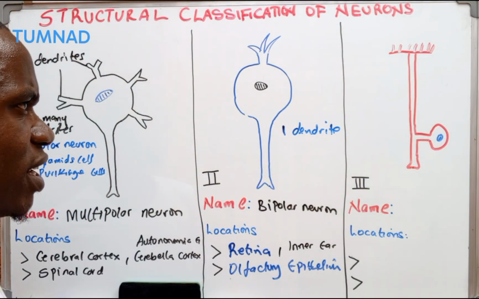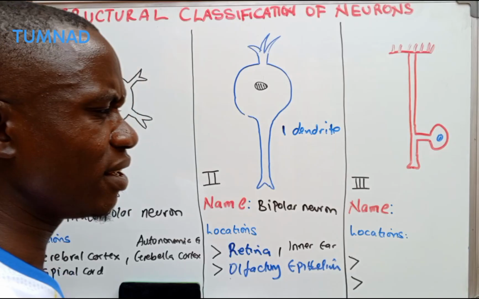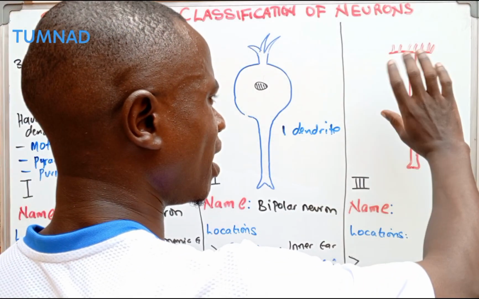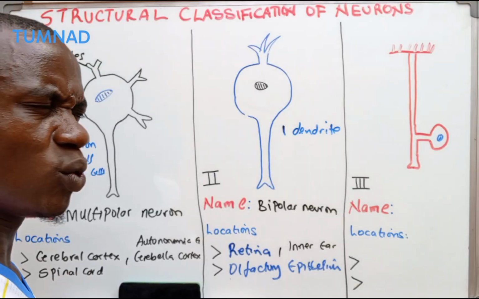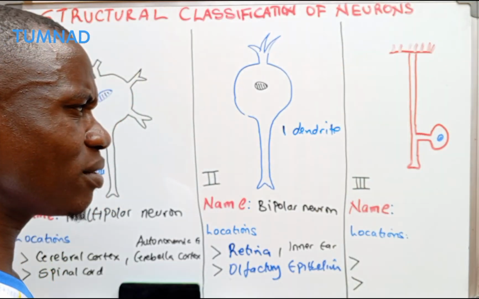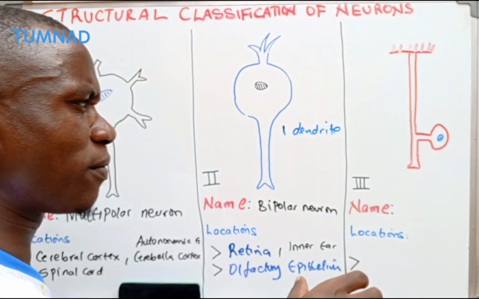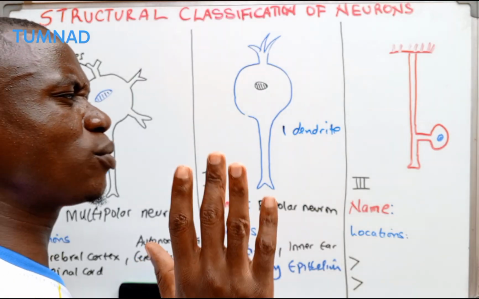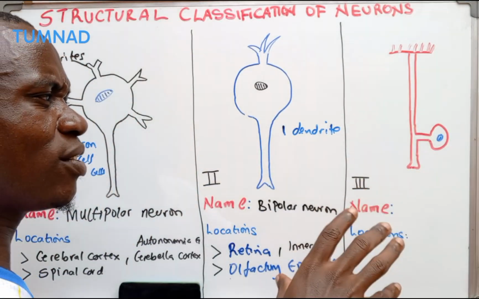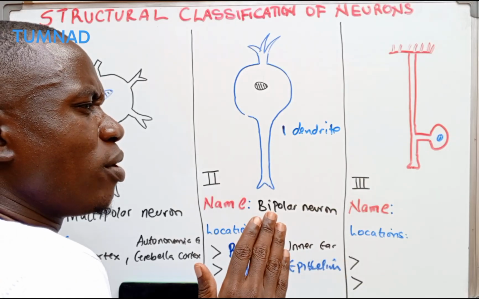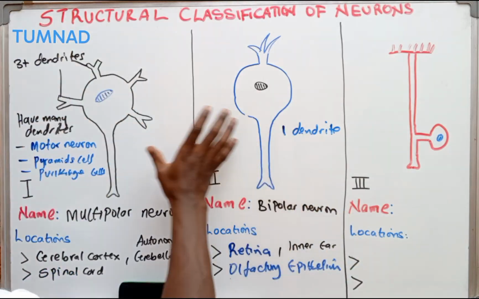Coming on to this kind of neuron, you see, this kind of neuron is very funny. How do we describe it? It doesn't have a distinguishable axon. It has one axon, but this axon is made up of two kinds of structures. This neuron has its cell body more on the side, not like these other neurons.